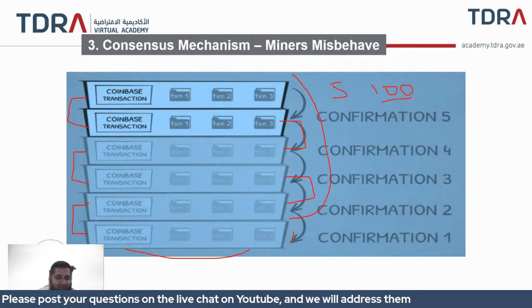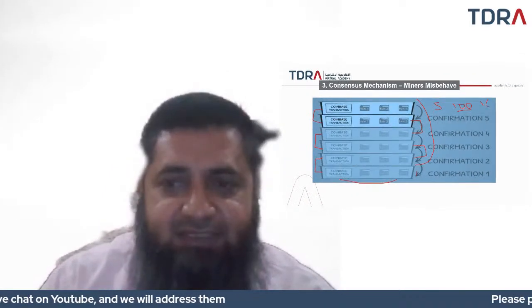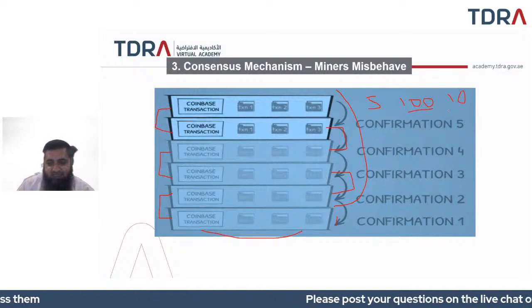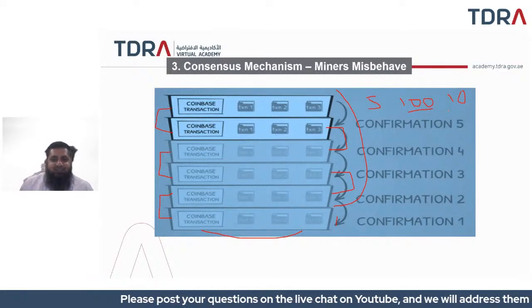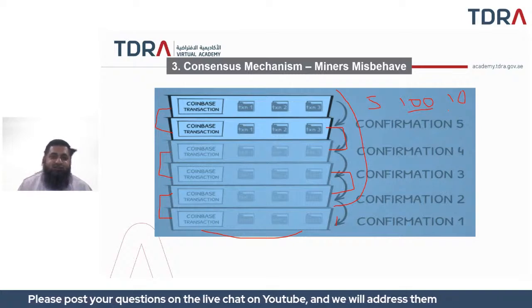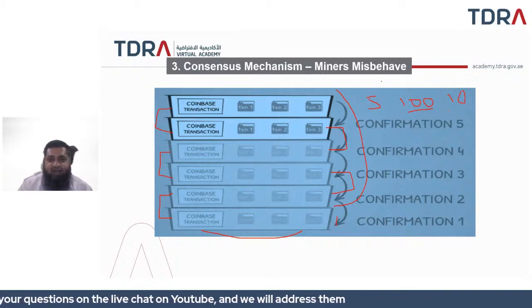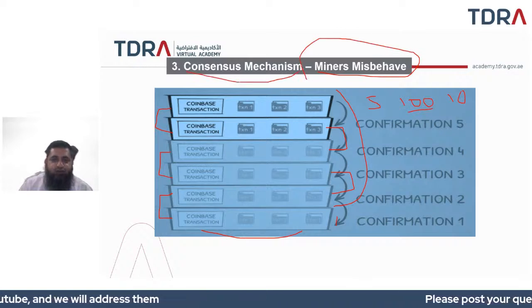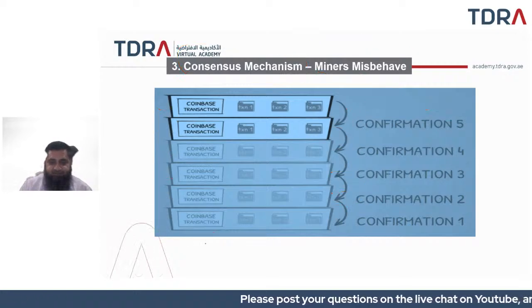We know that every cryptocurrency block takes 10 minutes to be added to the blockchain. So it takes approximately 100 times 10 minutes to make the transaction valid, to avoid any misbehavior of the miners in the blockchain, and those are the rules and regulations set by the consensus mechanism.